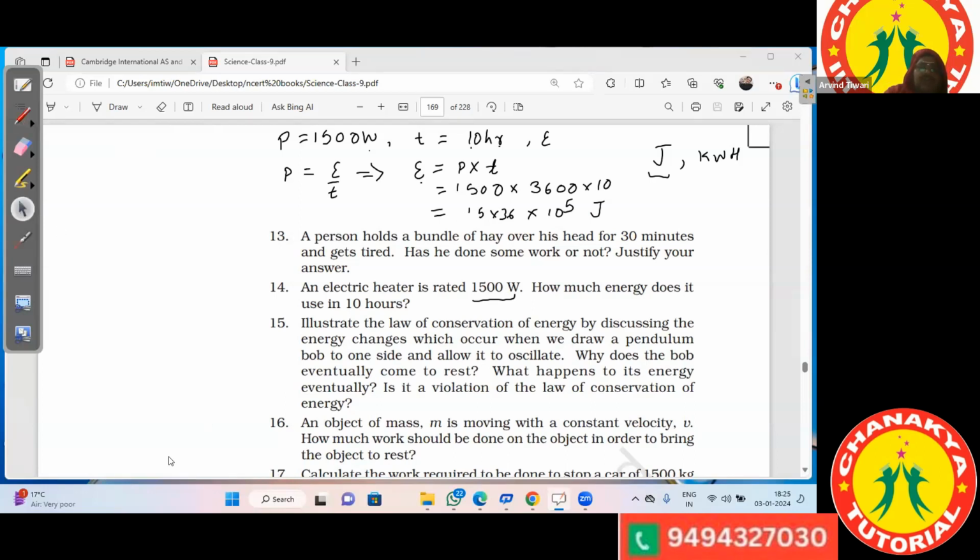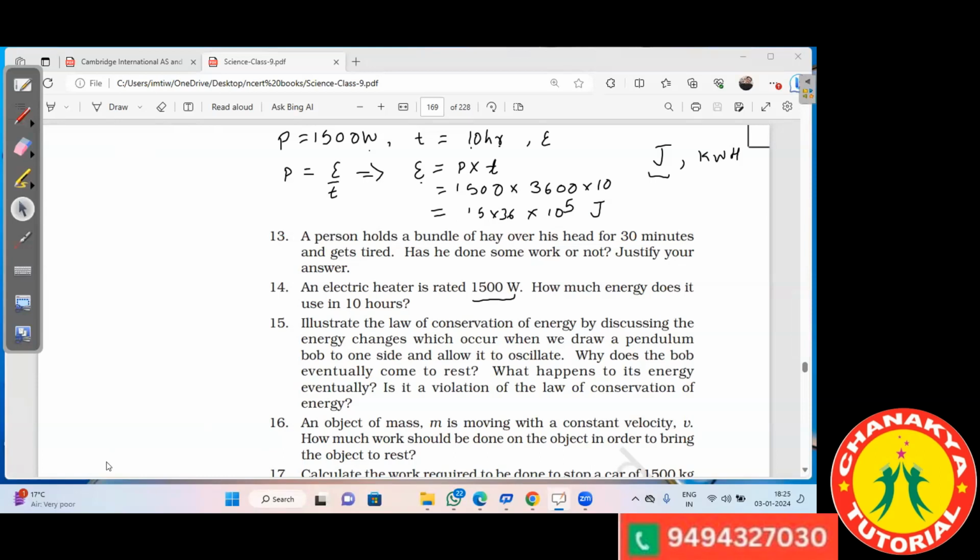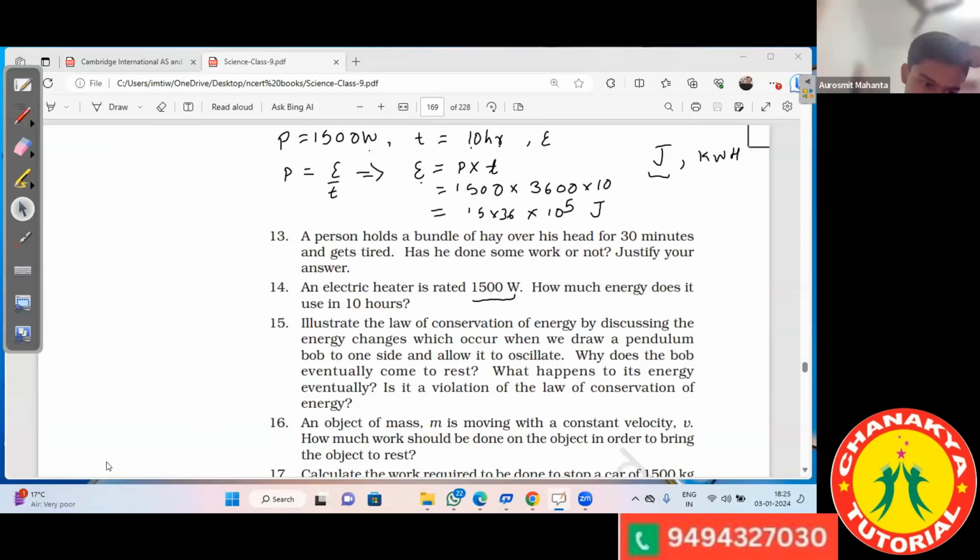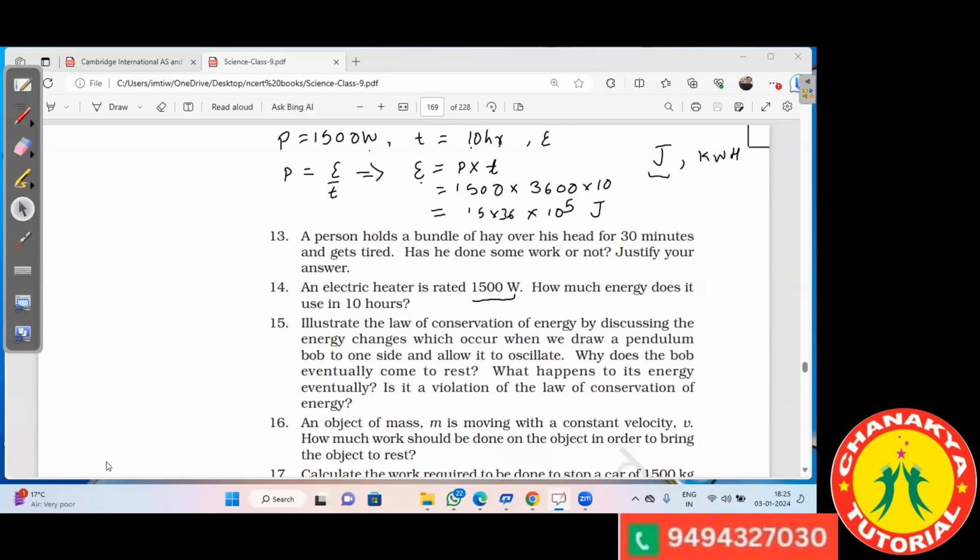Or Smith, how will we convert this to kilowatt? Divide by 1000. Divide by 1000, right? 1500 divided by 1000 will be in kilowatt. Okay, so it will be 1.5 kilowatt.